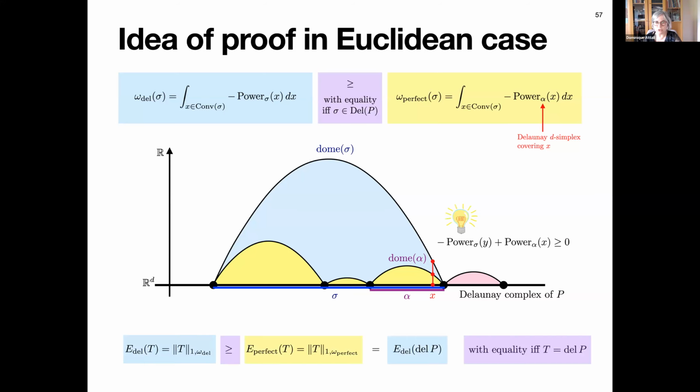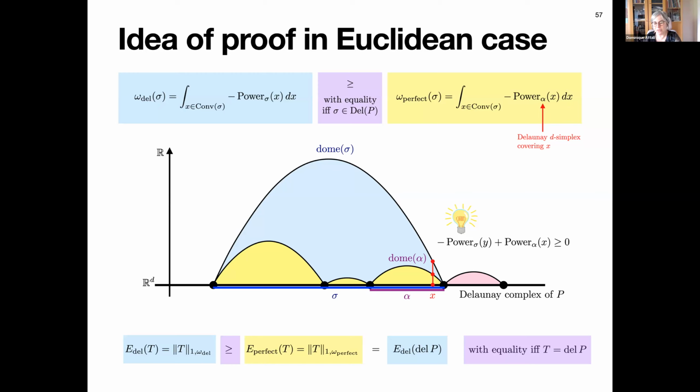And so by construction, the Delaunay weight is always larger than the perfect weight. And so this inequality translates in terms of energy. That is, the Delaunay energy of a triangulation T by construction is going to be larger than the perfect energy of a triangulation T, in which for the weights we use the perfect weights.